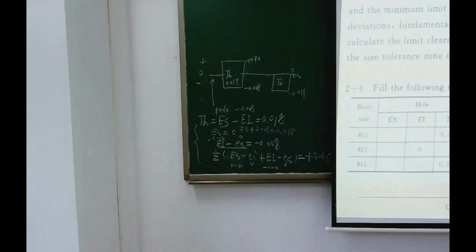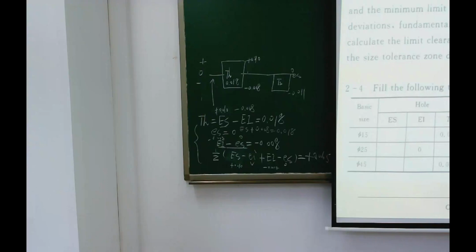And then EI is a function. For the theorem here, it is minus 0.008. So the mean of the lower deviation is minus deviation of the chart.